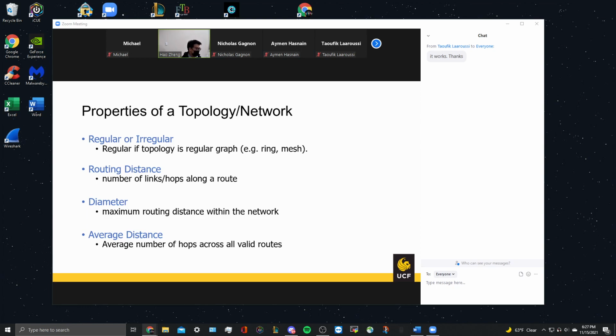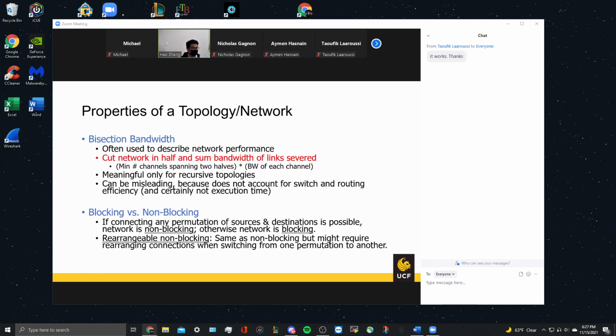So diameter is the worst case. Is that clear? And the bisection bandwidth, you can understand, is like how many routes there are between the source and destination. It can provide you the best throughput.